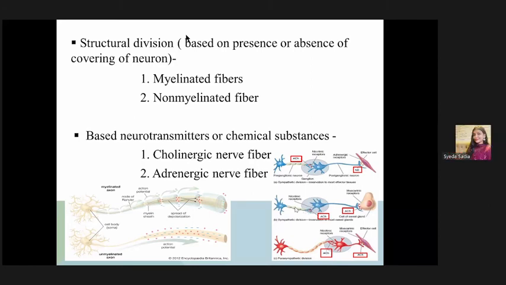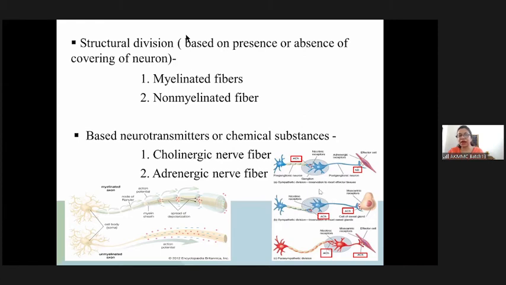Acetylcholine. That means, are they cholinergic or adrenergic? Cholinergic. The postganglionic neuron of the parasympathetic ganglion: what type of neurotransmitter will the axon transmit? Acetylcholine. Both preganglionic and postganglionic fibers will transmit the cholinergic neurotransmitter, acetylcholine.